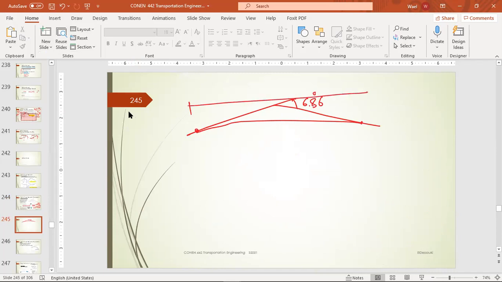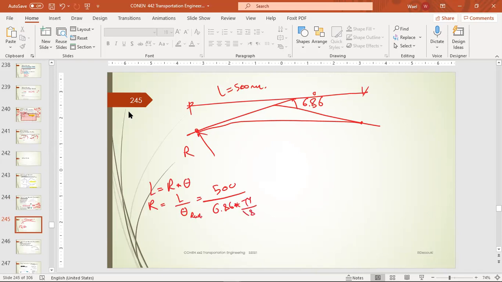If we say that we have L equal 500 meters, then the radius will be: L equal R multiply theta, so R equal L over theta, but theta in radians, by the way. So that means it's 500 divided by 6.86 multiplied by pi divided by 180.